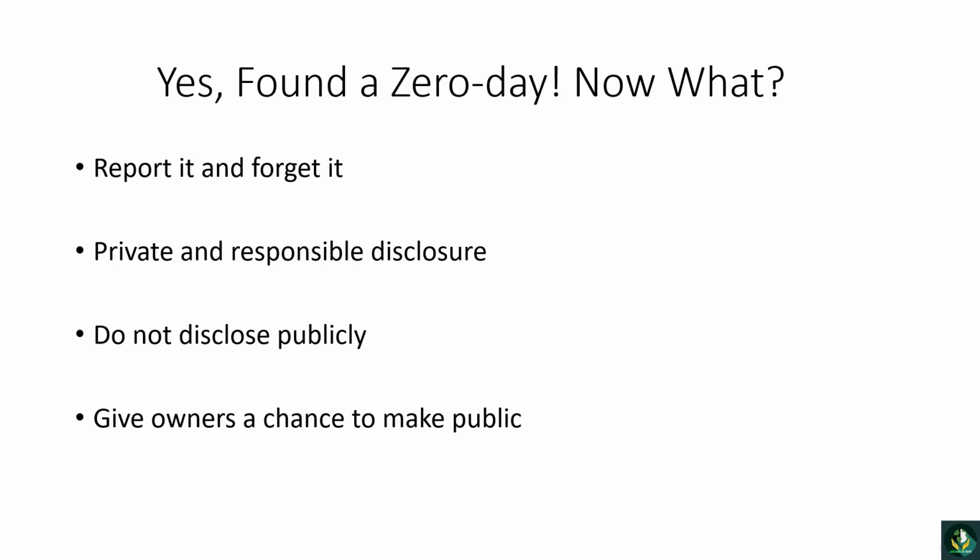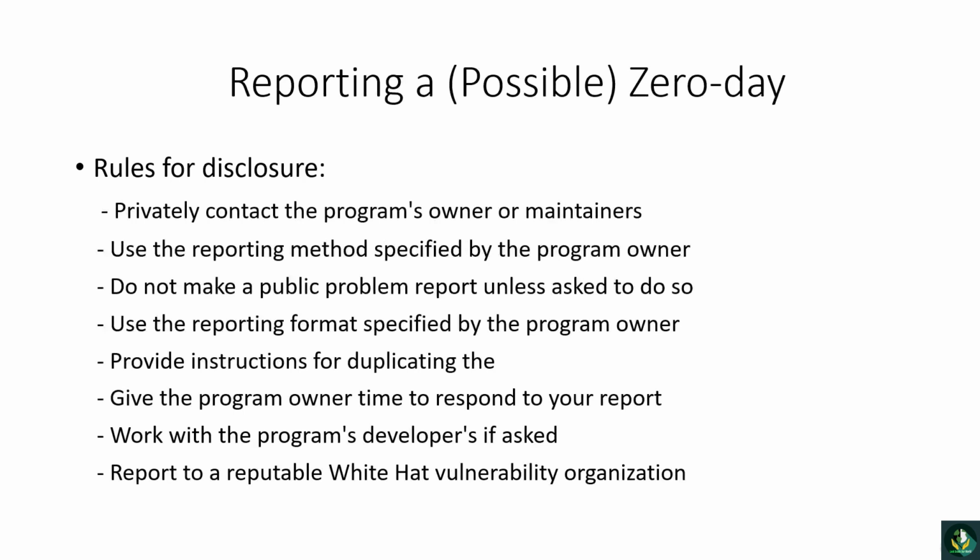And yes, security related software bugs should not be immediately disclosed to the public until a patch for the problem is made publicly available. There are also some rules for disclosure: privately contact the program's developers, owners or maintainers.